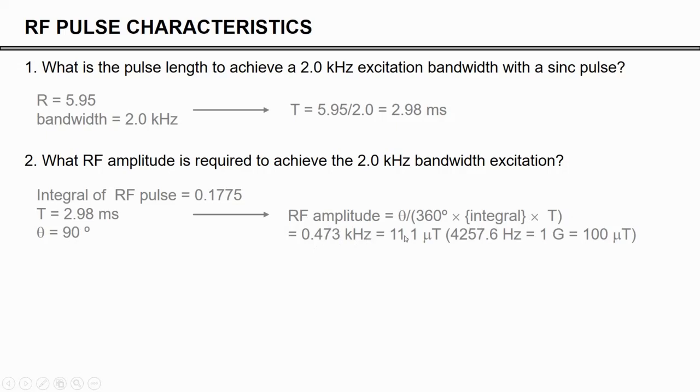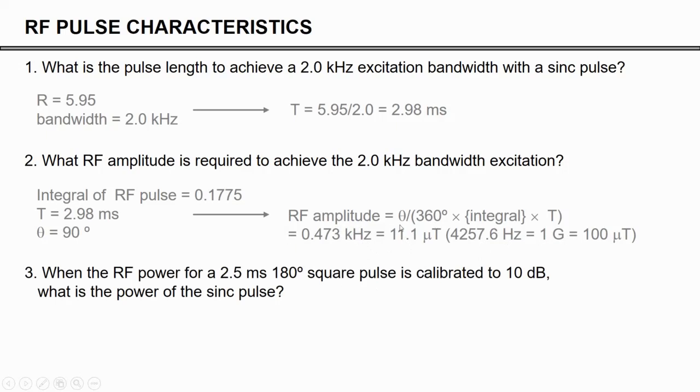You can convert that to microtesla by knowing that 100 microtesla is 1 Gauss, and 1 Gauss for protons is 4257 Hz. You want to be familiar with these kinds of conversions because they happen all the time in NMR, where an RF amplitude is either expressed in Hertz or in microtesla or in Gauss.